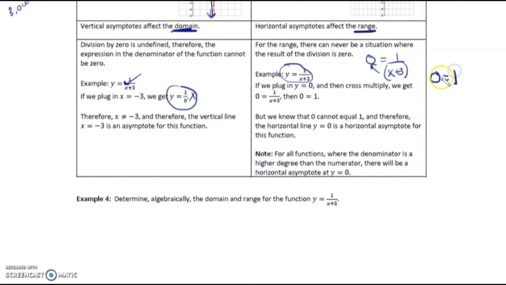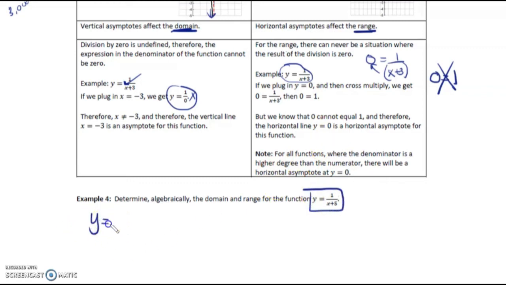Well, does 0 equal 1? No, 0 can never equal 1, and therefore there's a horizontal line at y equals 0. For all functions where the denominator is a higher degree than the numerator, there will be a horizontal asymptote at y equals 0.